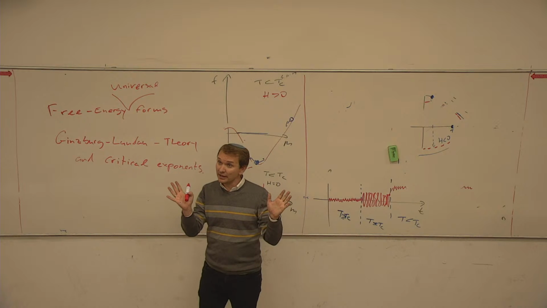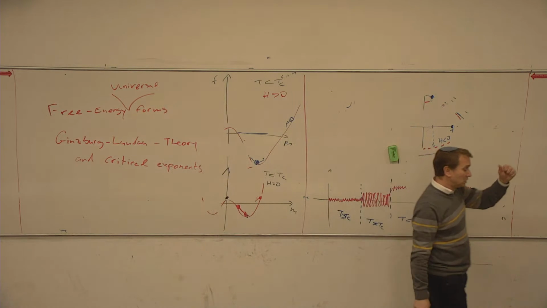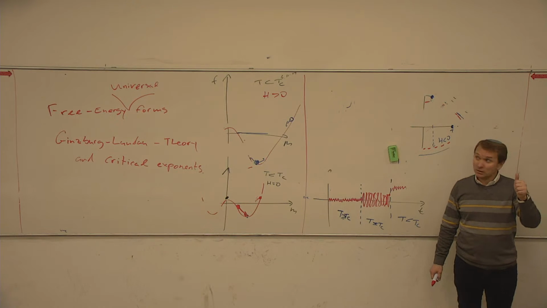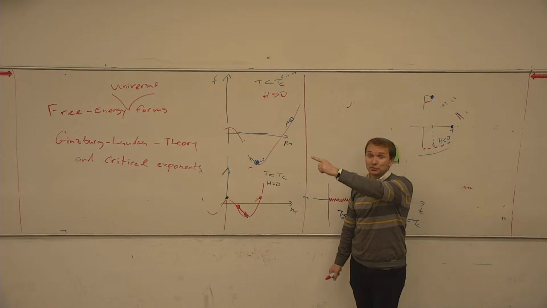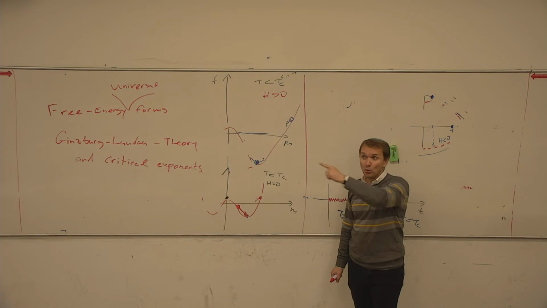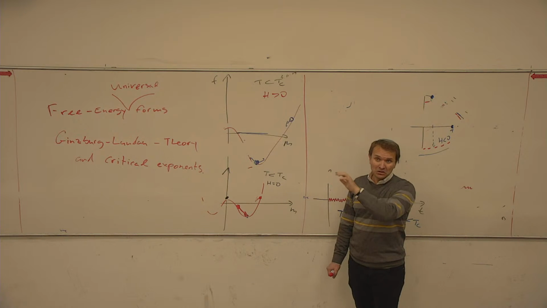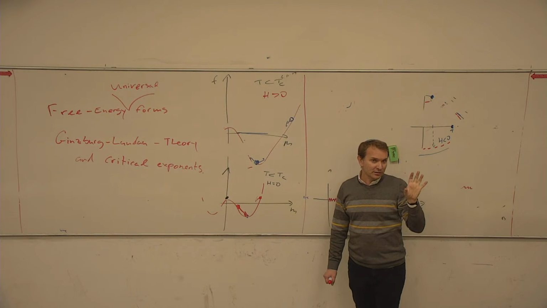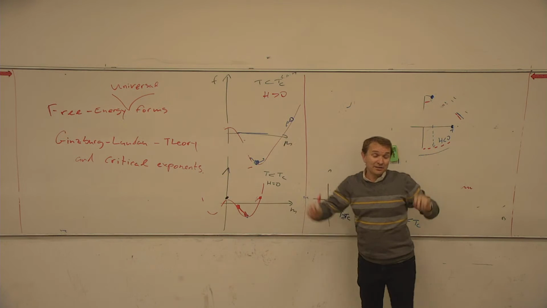That was their idea. If I'm only taking into account the symmetry of the system and energetic considerations, for example, that it's preferable for any given spin to point in the direction of the external magnetic field, those are the only things that matter, and this is why it's universal for all the many different systems.